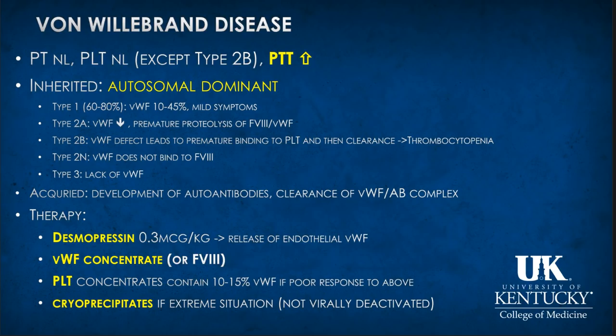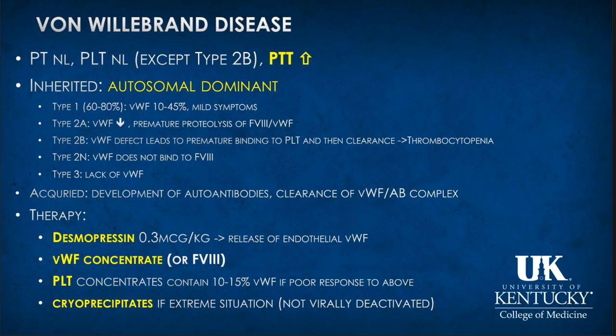Von Willebrand disease also can be acquired when you have an autoimmune disease. If you make autoantibodies, you can also develop this. The treatment for von Willebrand disease is desmopressin, 0.3 micrograms per kilo, because that also facilitates the endothelial release of von Willebrand factor.